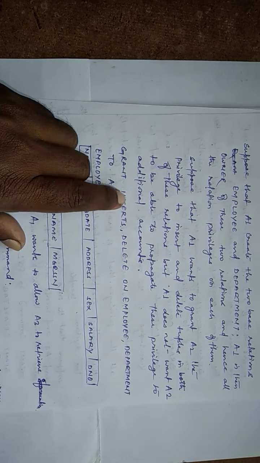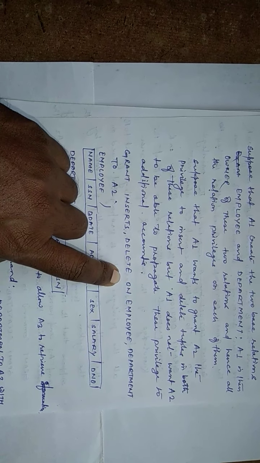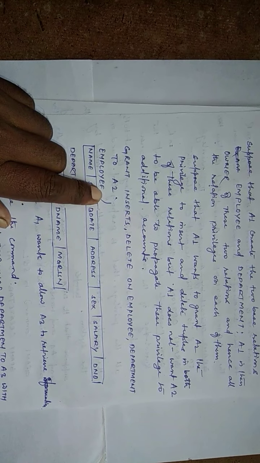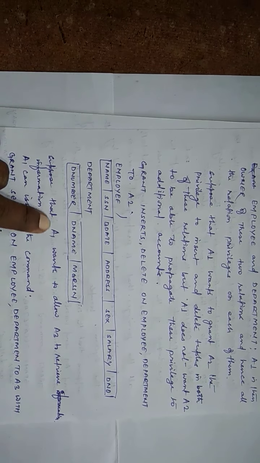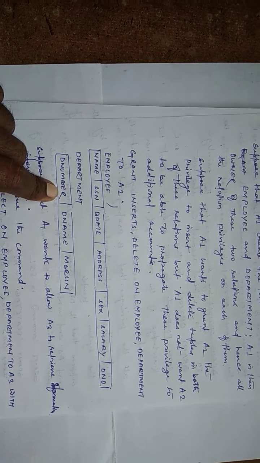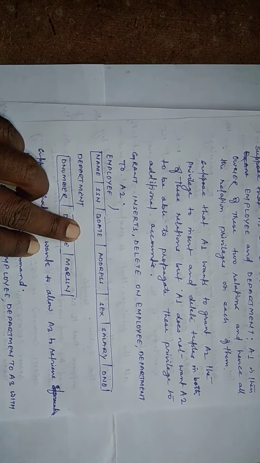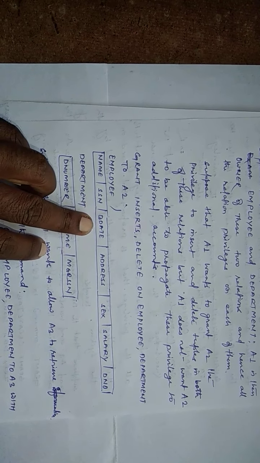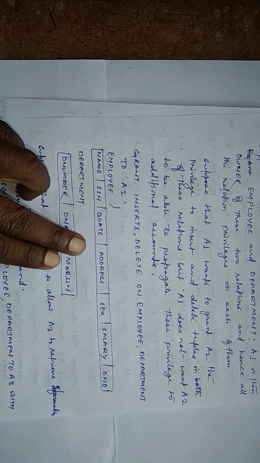So first, GRANT INSERT, DELETE ON EMPLOYEE, DEPARTMENT TO A2. So only A2 can insert and delete tuples in EMPLOYEE and DEPARTMENT. Only these two commands are authorized to A2.